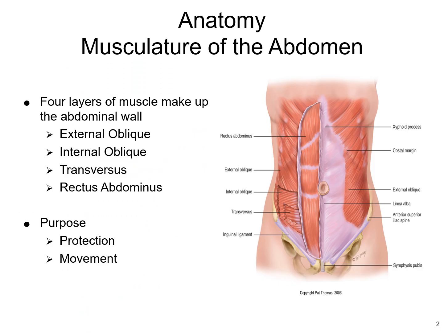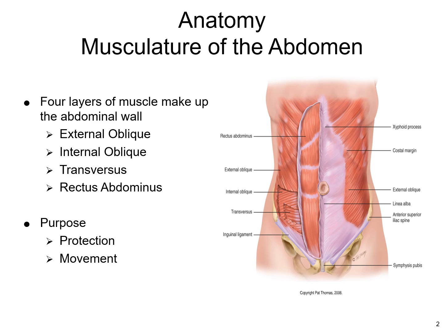Our abdomen has several layers of muscles. We have the very top layer, which we call our abs. This is the rectus abdominis. Then we have our external oblique that is right up underneath our abs. Then we have the internal oblique and then the transverse.